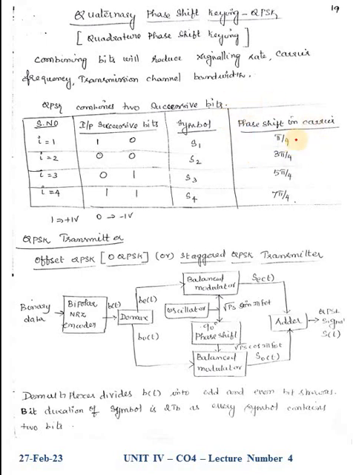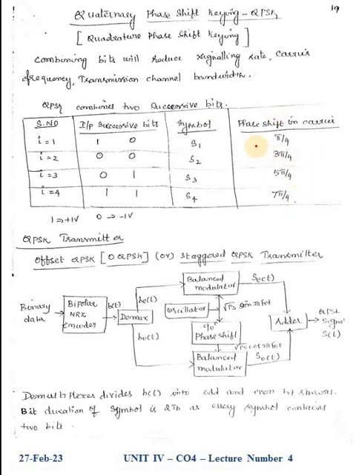The corresponding phase shift in the carrier is pi by 4, that is 45 degrees. Similarly for i equal to 2 it is 0 0, symbol S2, and 3 pi by 4. Similarly for 3, 0 1, S3 and 5 pi by 4. For i equal to 4, 1 1, symbol S4 and 7 pi by 4. That is 45 degrees, 135 degrees, 225 degrees, 315 degrees respectively.